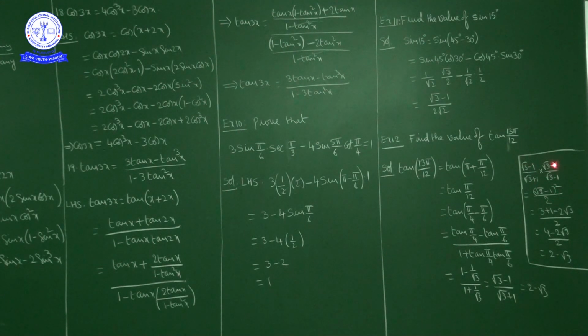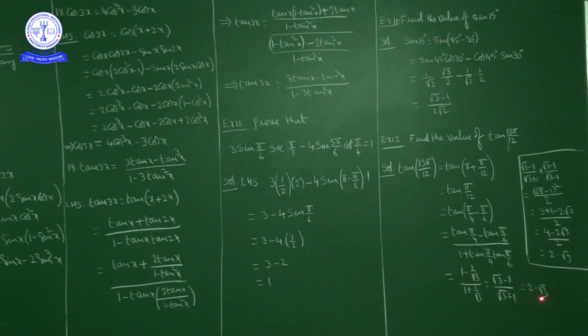Numerator is root 3 minus 1 whole square, which is a minus b whole square: a square, 3, plus b square, 1, minus 2ab, minus 2 into root 3 into 1. So 3 plus 1 is 4, minus 2 root 3, over 2. 2 is common in numerator and cancels. So we get 2 minus root 3. So tan 15 degrees value is how much?